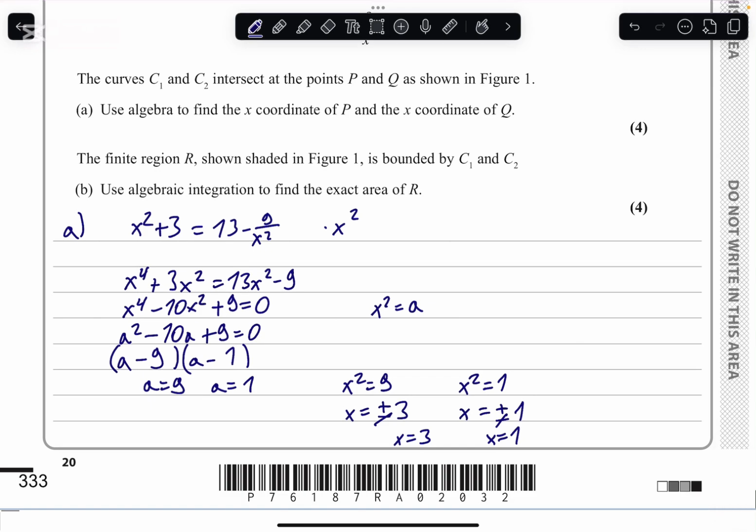Going to part B: the finite region R, shown shaded in figure 1, is bounded by C1 and C2.